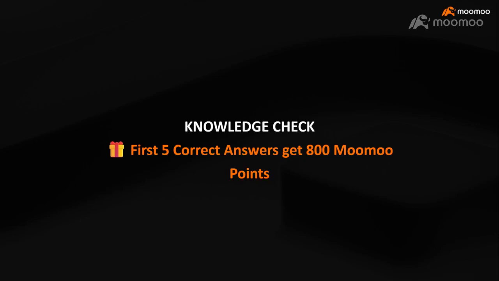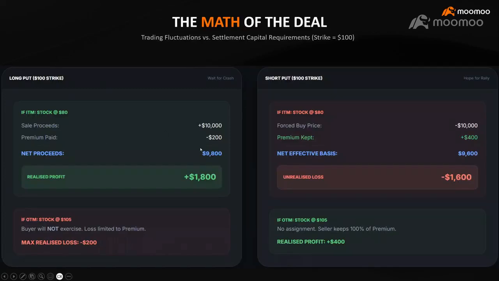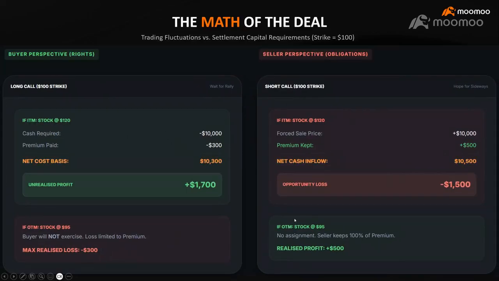It's kind of a lot, but I want you guys to understand this really well, because a lot of people don't get the idea of exercise and assignment. Remember, because this is after expiration already, all of these in-the-money calculations assume that you bought or shorted the stock at the strike price already.